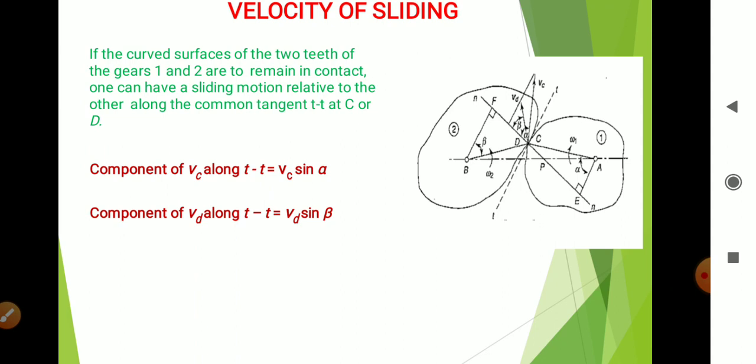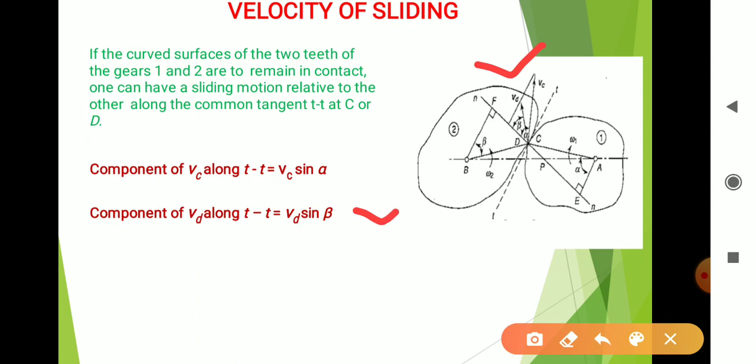Okay, so VD is what? We already said that VD is nothing but our linear velocity at point D. There are two components, one along TT and one along NN. So we are going to see here the component along TT. What is the value? VD into sine of beta.